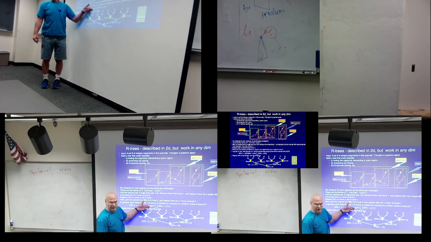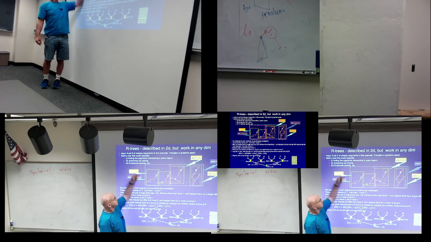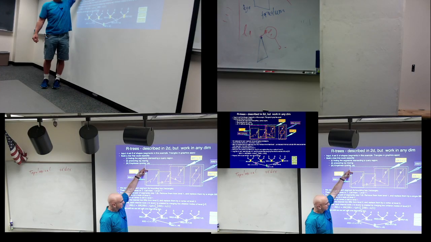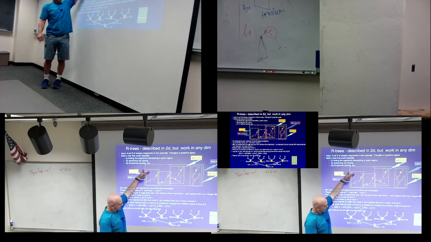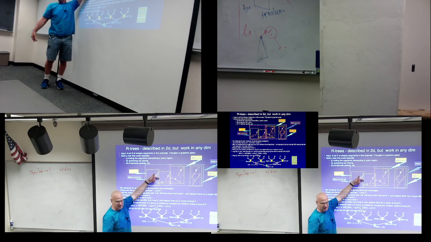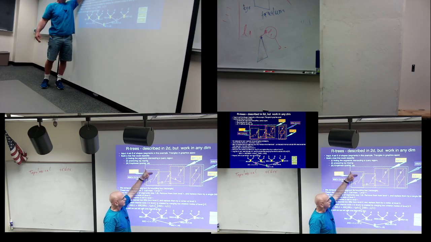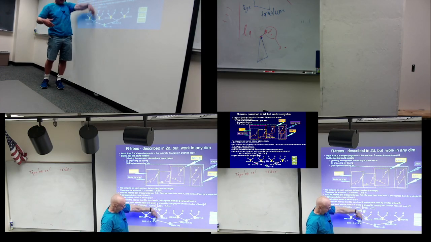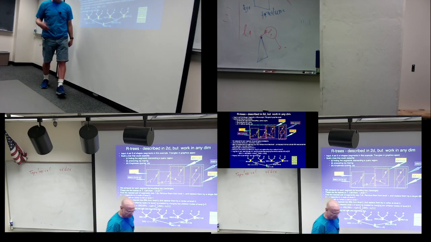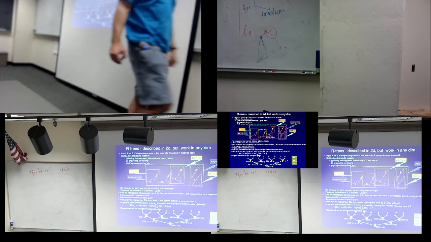Is this useful for ray shooting? Absolutely. When you're shooting a ray, what's the big rule? If my ray doesn't hit the bounding box of a root, then it obviously doesn't hit any bounding box of the children of the root, or the descendants of the root.